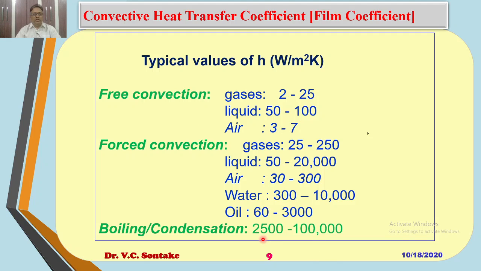The typical values of h for boiling and condensation may range from 2500 to 1 lakh watt per meter square Kelvin. A very high rate of heat transfer occurs in convection with phase change for the same temperature difference as compared to free or forced convection.